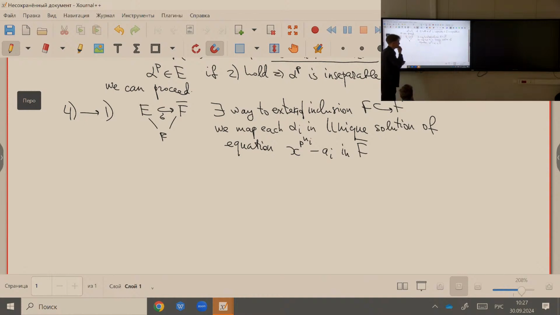But these descriptions via inclusions, formulas that can be described via inclusions of E into algebraically closed fields, are quite important. So that's why we shall also use them.